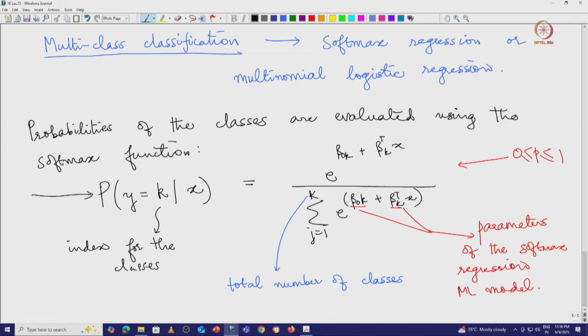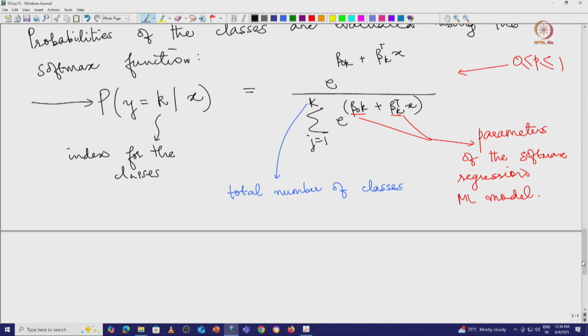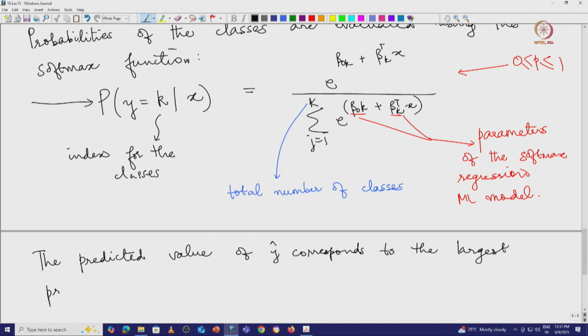Now, that is how the predictor function works, and you will select the class which typically has the highest probability, instead of what we did in logistic regression, wherein we chose the second class if your predicted probability was greater than 0.5. Here the strategy is slightly different. The predicted value y hat is set to the class with the largest predicted probability.